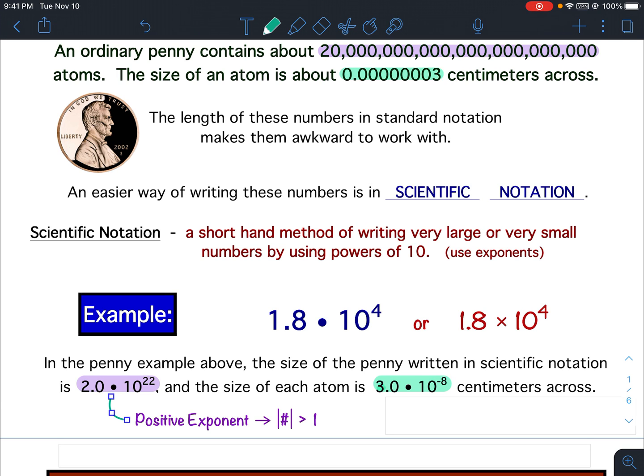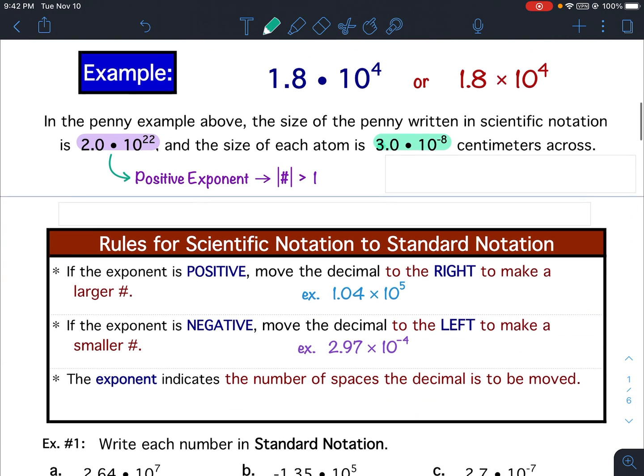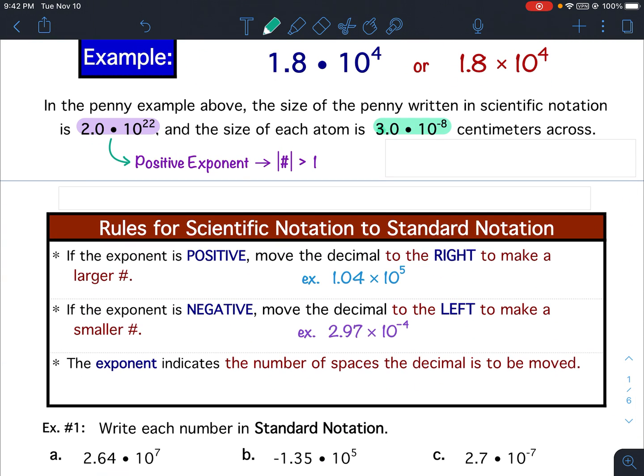So pause your video and get that written down. So again, if the absolute value of a number is greater than 1, it'll have a positive exponent. But if the absolute value of a number is less than 1, you're going to have a negative exponent.